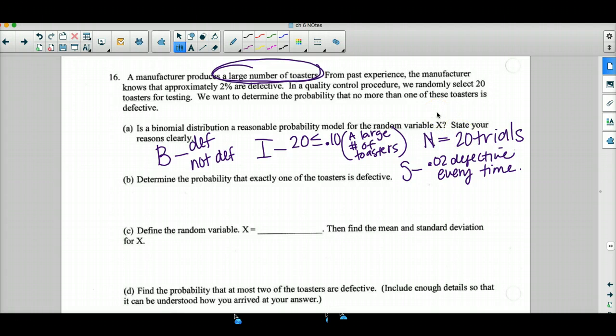Is this a PDF or a CDF? PDF. This is a binompdf that X equals 1. So I have trials 20, probability of success is 0.02, and the number of successes would be exactly 1.